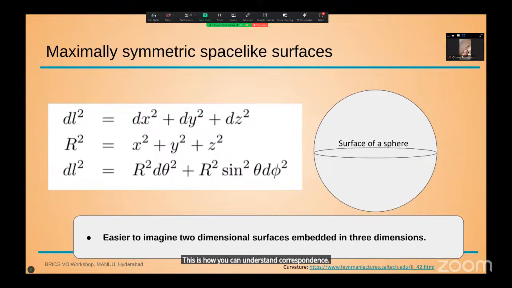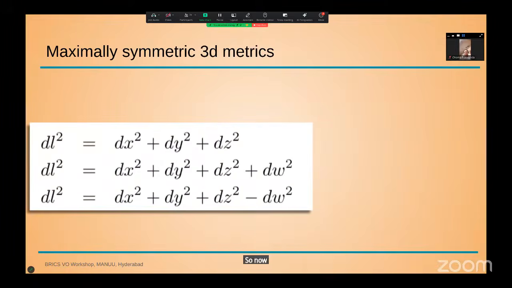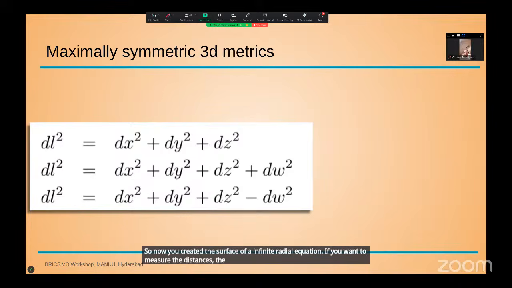Now, what I'm going to ask you is to do the same thing but in 3D. So now in 3D, for an infinite 3D space, if you want to measure the distances, this dl square will just look like dx square plus dy square plus dz square.